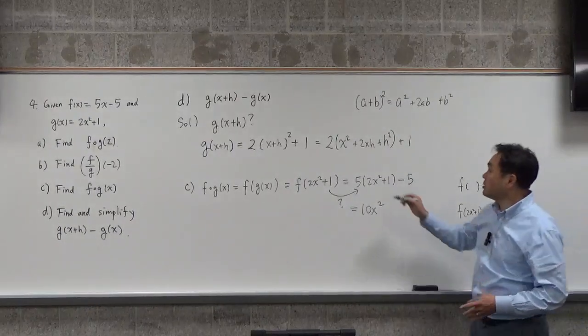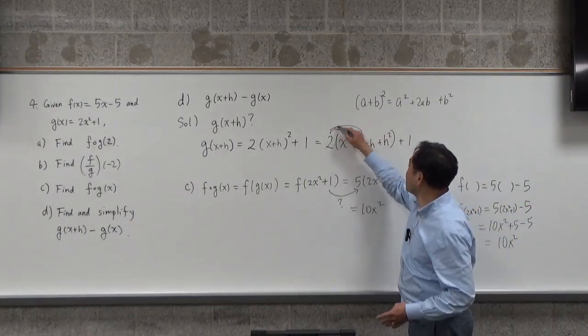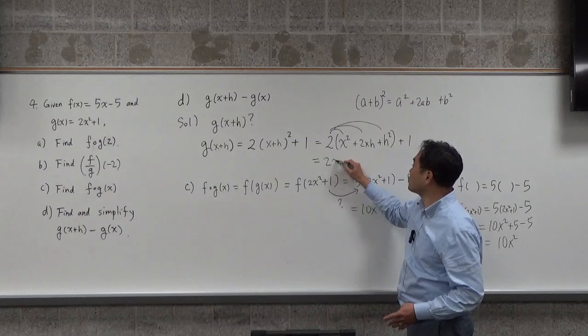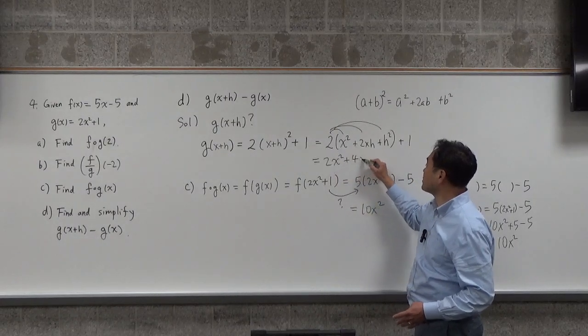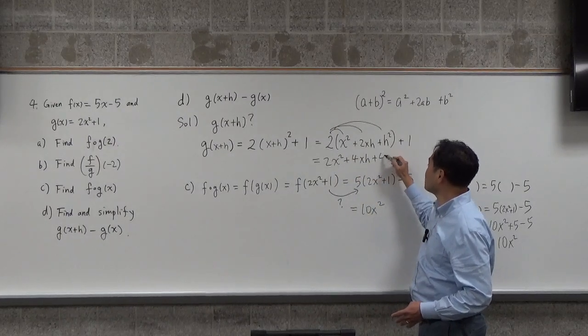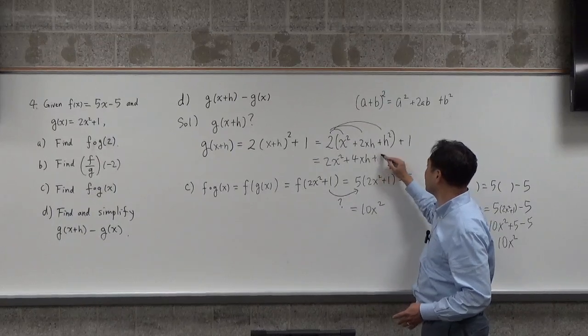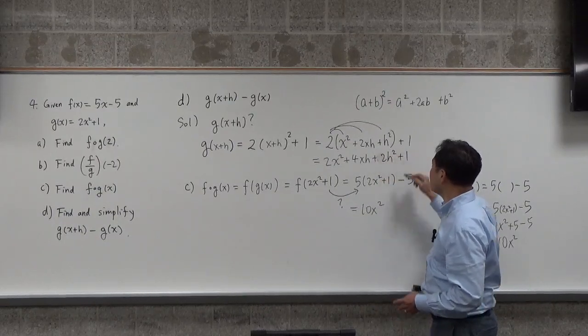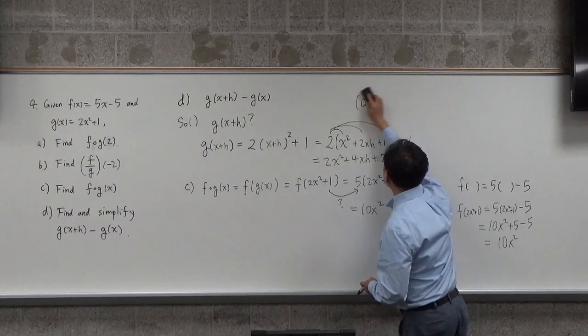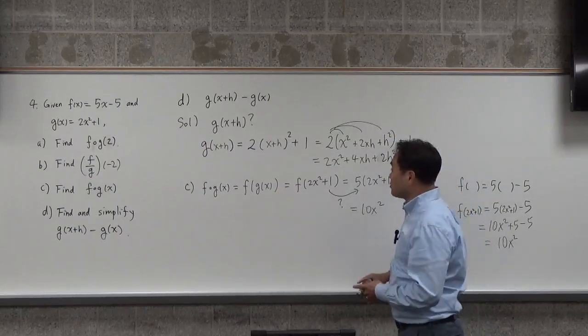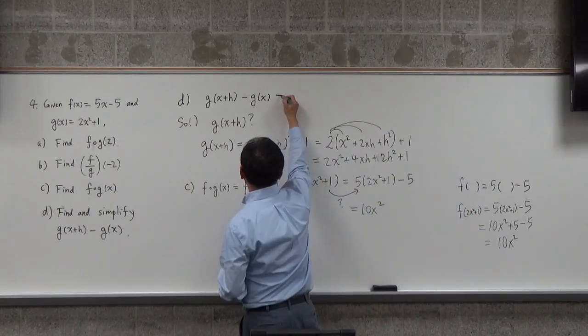Okay, and then let's multiply the 2 to every one of these. So that's going to be 2x squared plus 4xh plus 2h squared plus 1. And that allows you to now answer this.